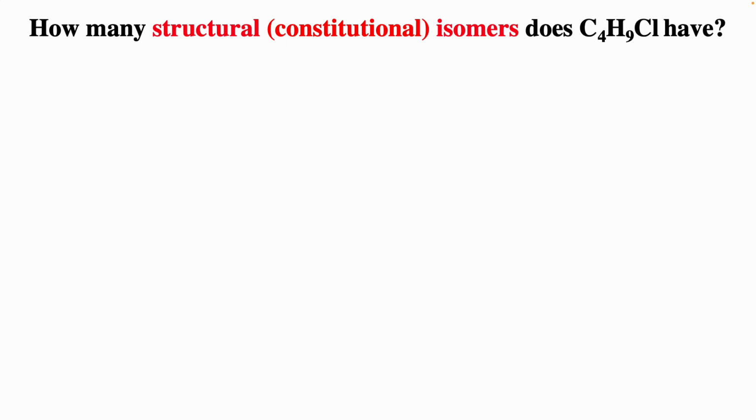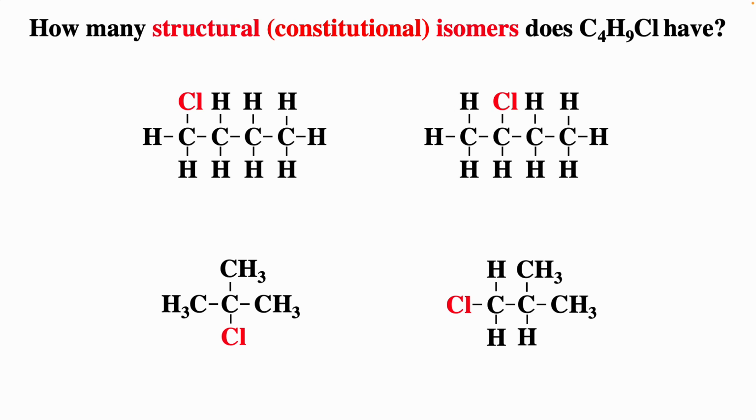And so if we ask about structural isomers for C4H9Cl, now if you imagine that chlorine is probably going to have a single bond, it's going to behave kind of like a hydrogen. And so that would actually give you CnH2n+2. And so we'd expect no carbon-carbon double bonds, and all the carbon-carbon bonds would be single.